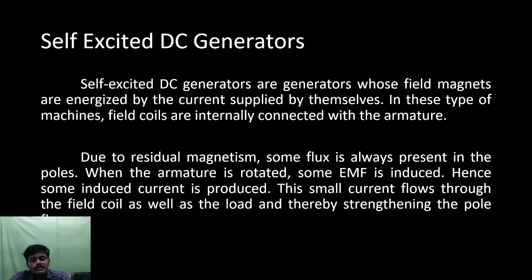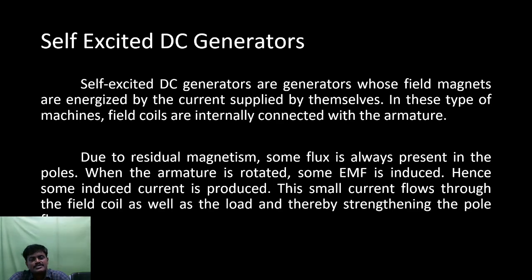Normally we use a field coil and an armature coil in the DC generator. Sometimes we can use a permanent magnet to produce the magnetic flux for the field, or otherwise we can give an external supply to that coil to produce the magnetic flux.